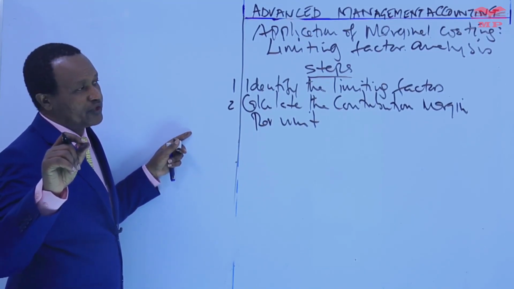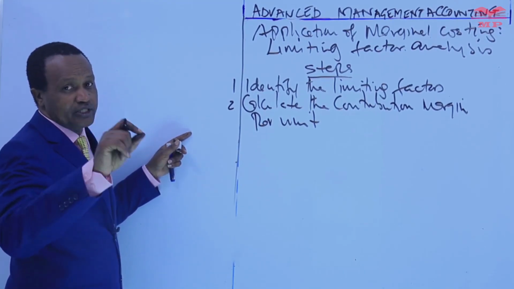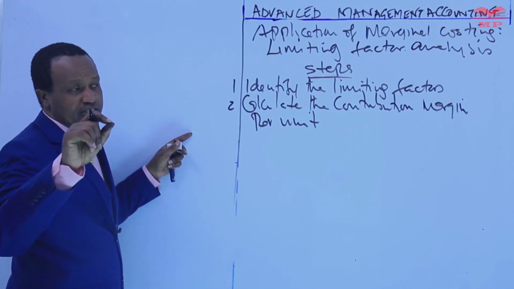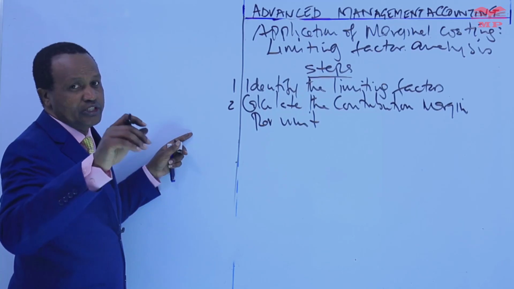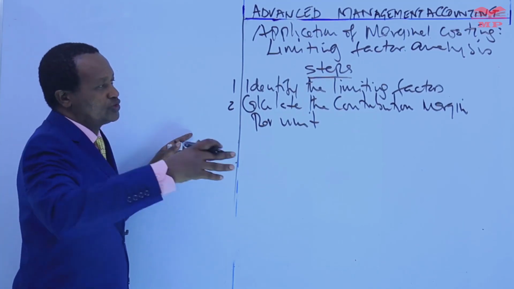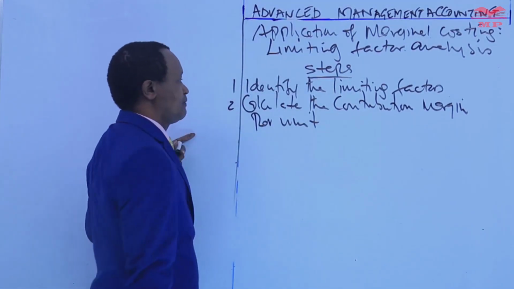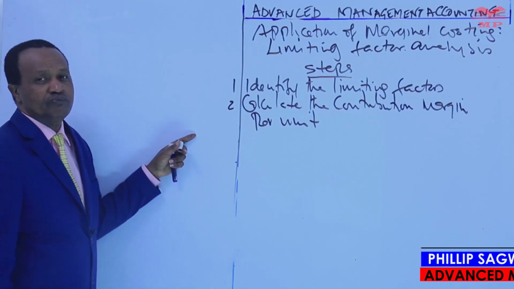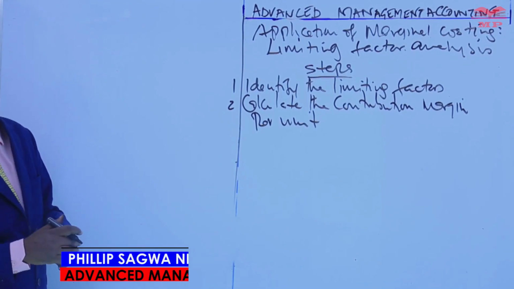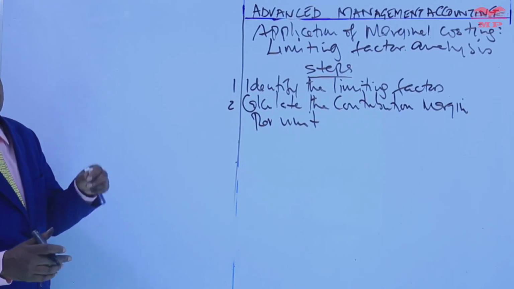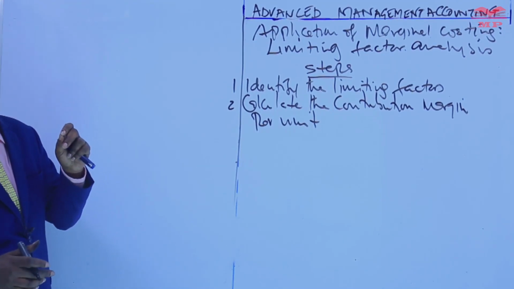That is for each product. For each product, calculate the contribution margin per unit by subtracting the variable cost from the selling price per unit. You understand? Calculate contribution margin per unit.